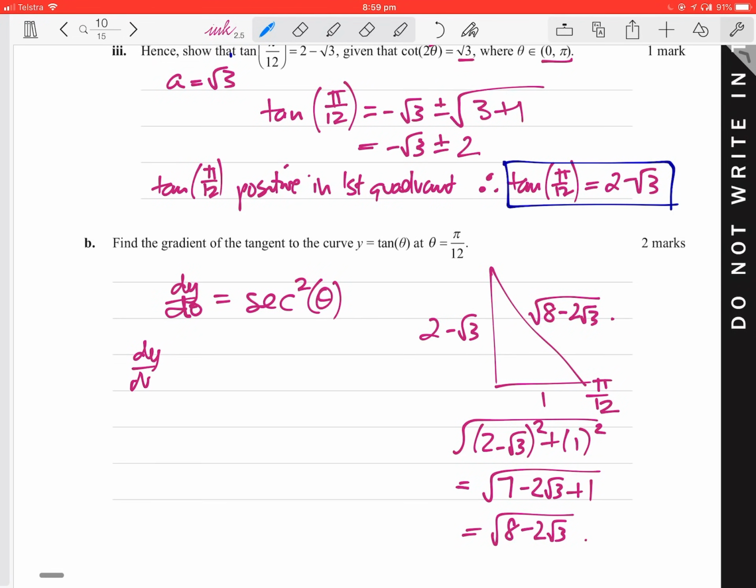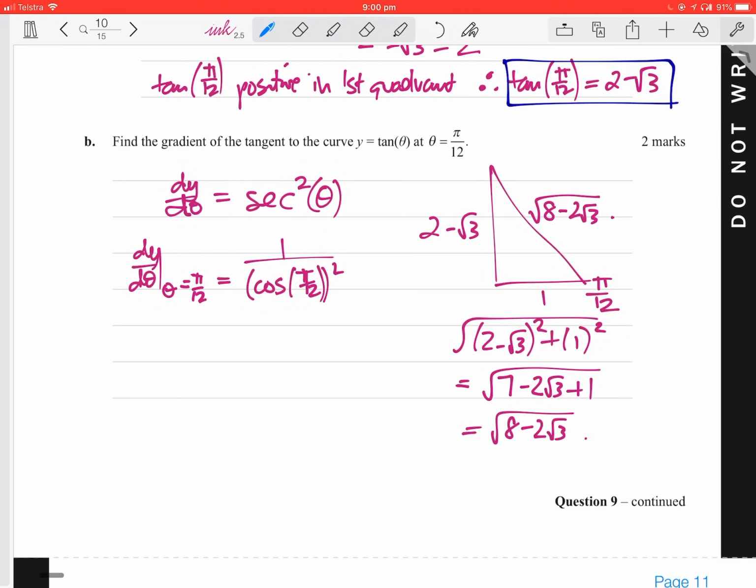dy d theta given theta equals pi on 12 is equal to 1 on cos of pi on 12 squared.